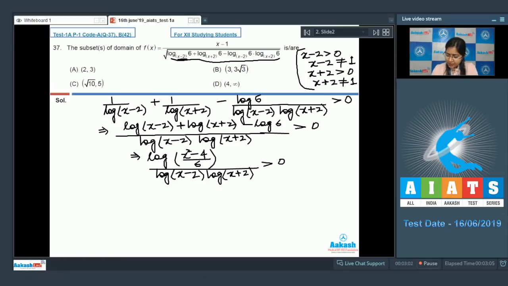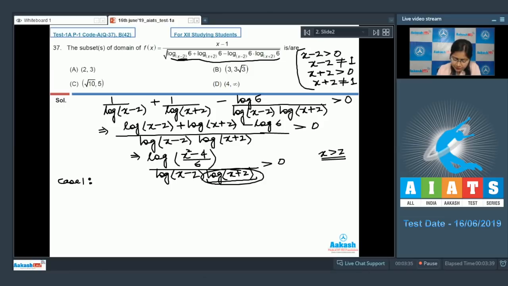So here we can see that x is definitely greater than 2, which means that x plus 2 is definitely greater than 4, which means that log of a value that is always greater than 4, right? So this value is always positive, so we can take it on the other side. So we are left with these two terms, right? So for these two, let's make two cases here.